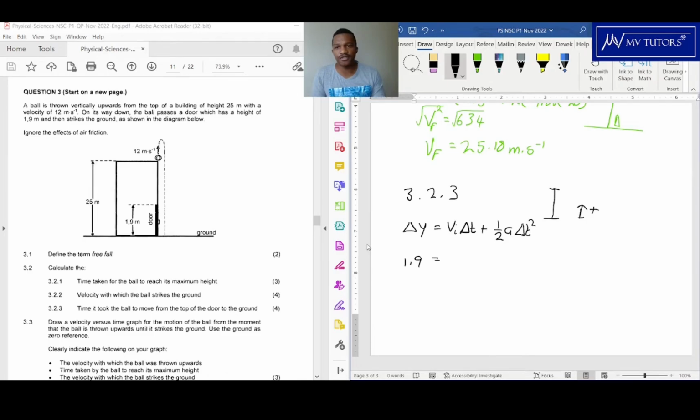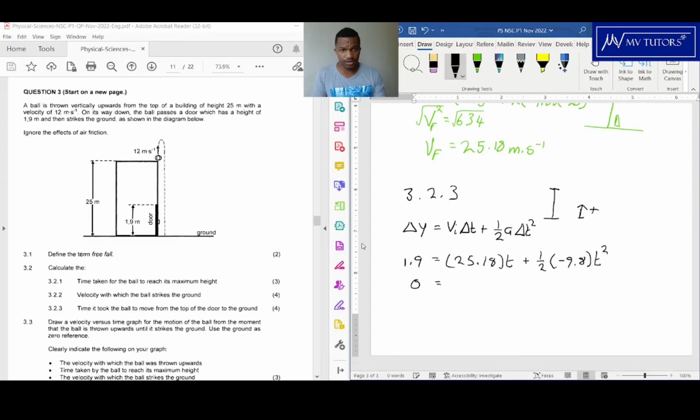Our initial velocity, which we calculated at the bottom, is 25.18 meters per second. And then our change in t, that's what we're looking for, so I'll just put it as t, plus a half. Our acceleration is still going down, never changes direction, so it's negative, t squared. From here onwards, it's just mathematical gymnastics. This is possibly a quadratic formula.